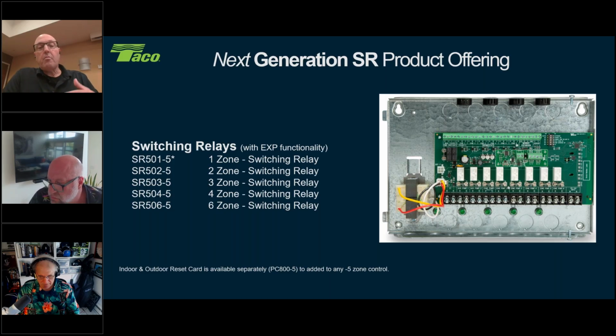What we now have with the -5 is that the standard boards have been discontinued. We do not have a standard board. Everything now has the EXP functionality. If you're not sure what the differences are and what the EXP did, I'm going to go over that in a minute. So these are our new part numbers.